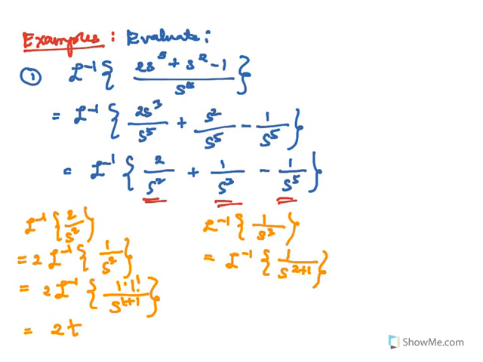Para mag-follow na ang ilalabas natin dito na inverse Laplace is t squared, kasi nga yung n natin is 2, kailangan dun sa numerator, you will have here 2 factorial.